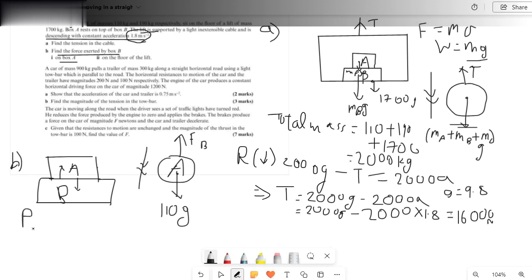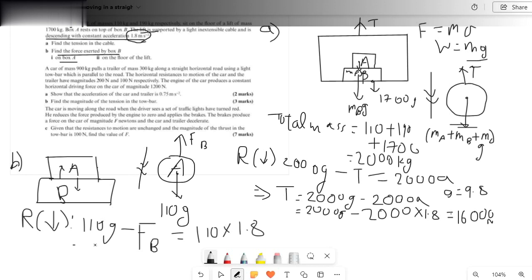So resolving downwards, we can say that 110 g, the weight of box A, minus the force by box B, is equal to the mass of A multiplied with the acceleration, which is 1.8 as given.